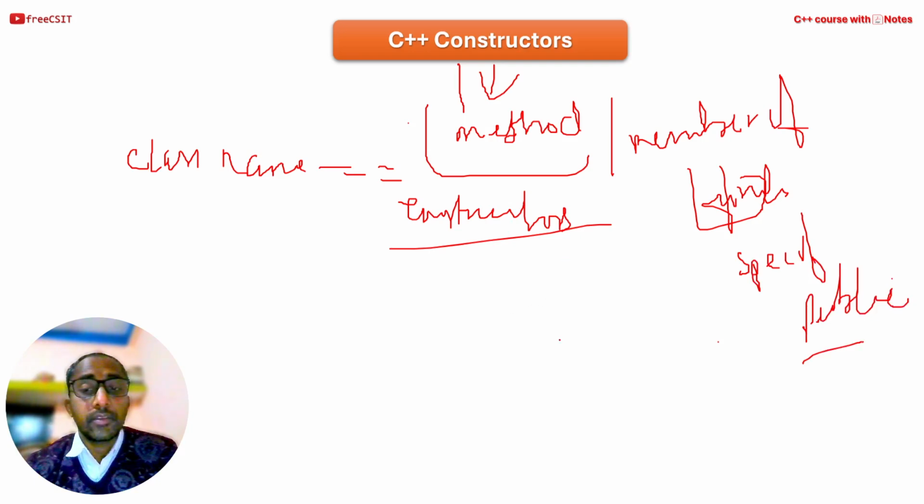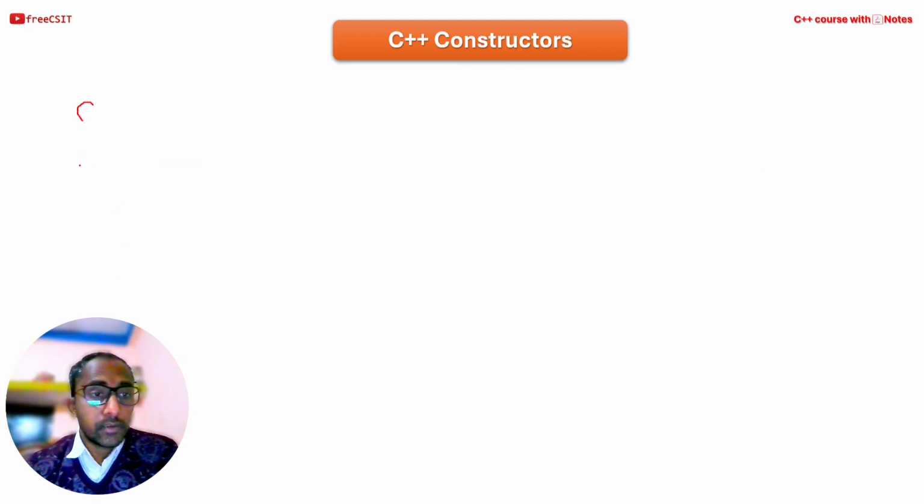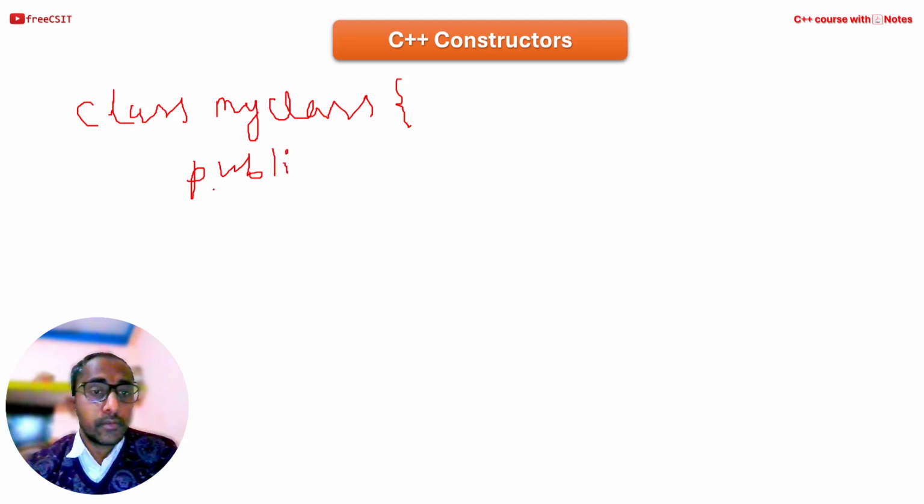You need to understand, so I'm just writing code here. It's like class MyClass. This is the name of the class. You have to write public access specifier colon. This is the access specifier, and again you write MyClass, and this is the member function.